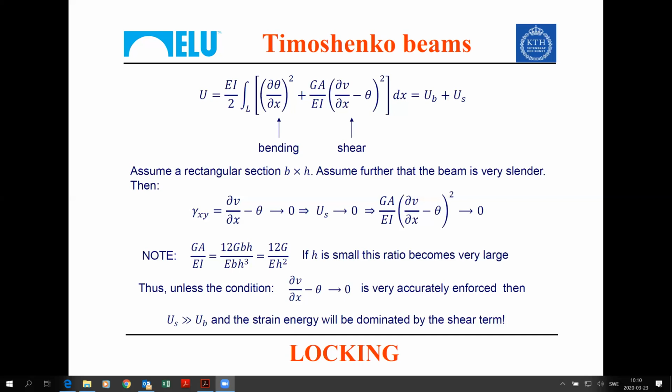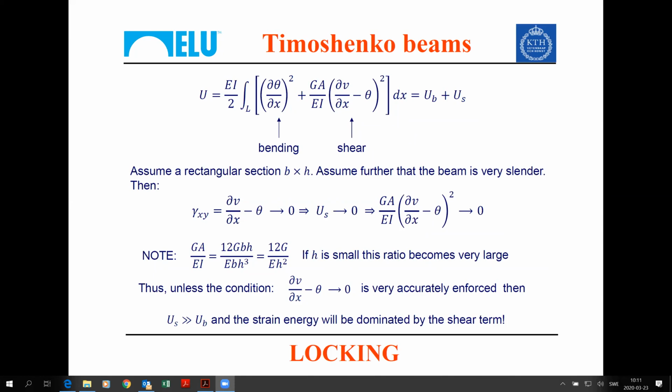If you make a test on a Timoshenko beam, which doesn't have this locking issue resolved, then what will happen is, let's say you start with an L over H equal to 5, and you get a displacement.